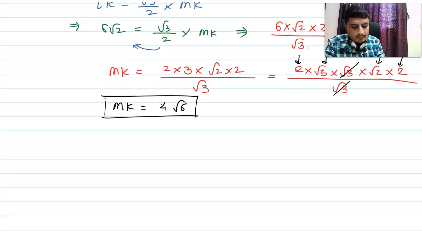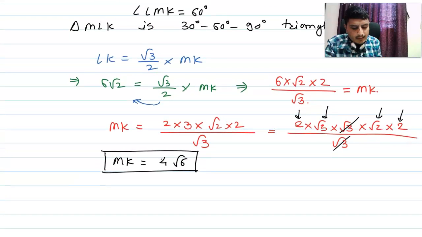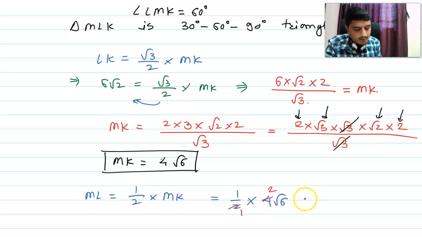So in triangle MLK, the opposite side of the 30 degree angle, which is ML, is equal to half of the hypotenuse, that is MK. So 1 by 2 into the value of MK, which is 4 times root 6. Now 2 1s are 2, 2 2s are 4. So the value of ML we get is 2 times root 6.